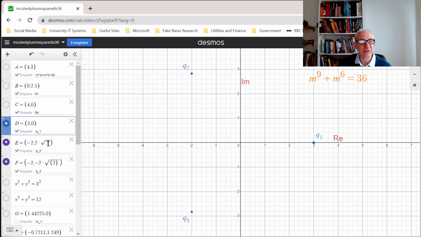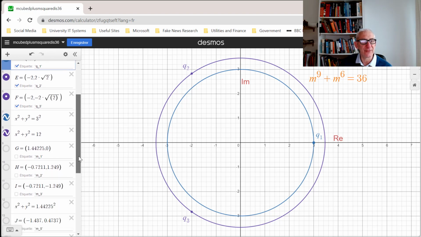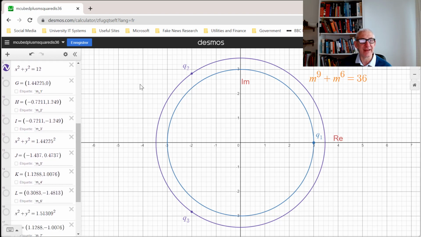The magnitude of this one is going to be Pythagoras applied to these two coordinates here. And we'll be able to see the circle for Q1 all the way around, and the circle for the other two like that. So we've got Q1, which was nice and easy. That's the Q minus 3 part of the factorization. And then these are the two solutions of the quadratic equation. When we apply the formula we've seen, we can then go through and get solutions for all of the other roots.